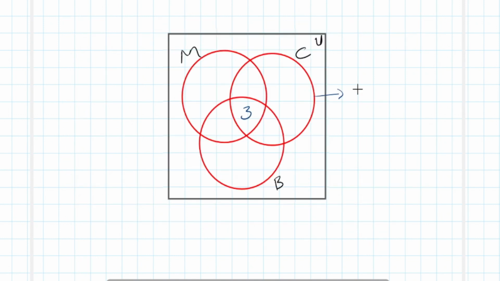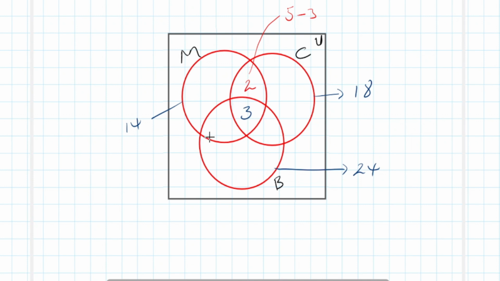The number of students who study chemistry is 80, maths is 40, and biology is 24. The number of students who study maths and chemistry is 5, so we can find this region: 5 minus 3 is 2. This 2 is the number of students who study maths and chemistry without biology.